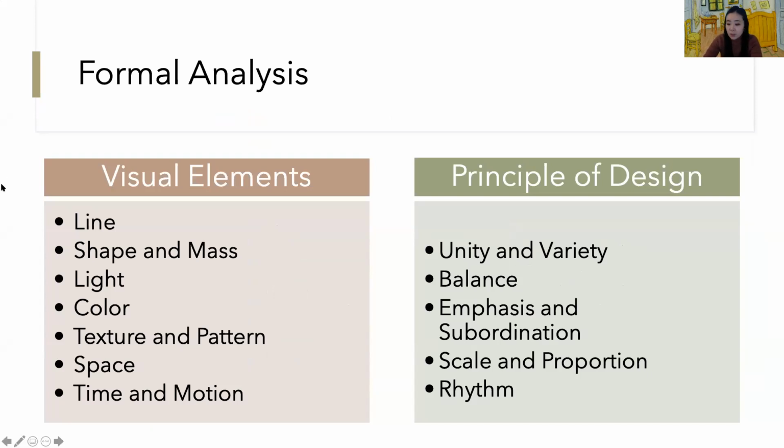The visual elements are line, shape and mass, light, color, texture and pattern, space, time and motion, right? And we learned 5 principles of design: unity and variety, balance, emphasis and subordination, scale and proportion, and the last one is rhythm and pattern.